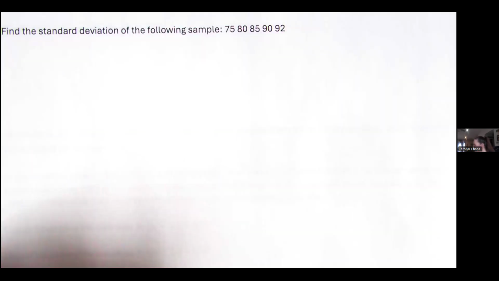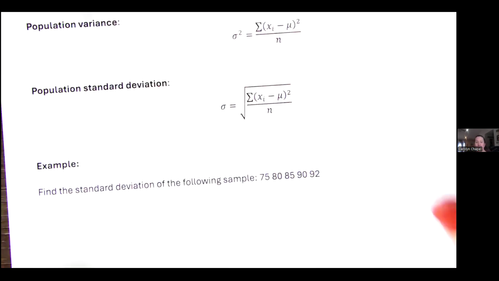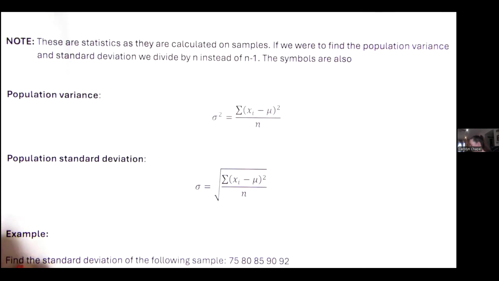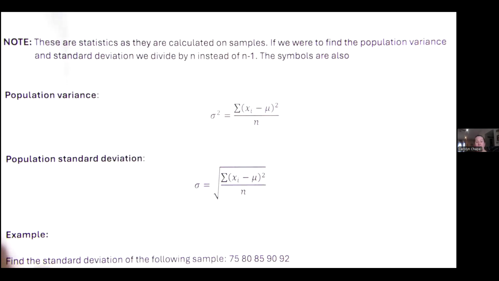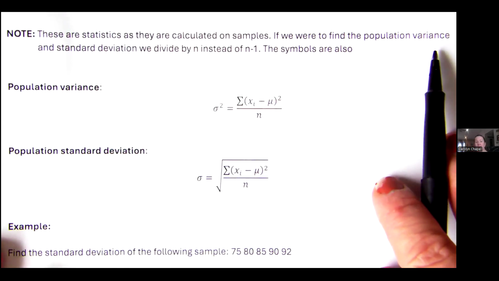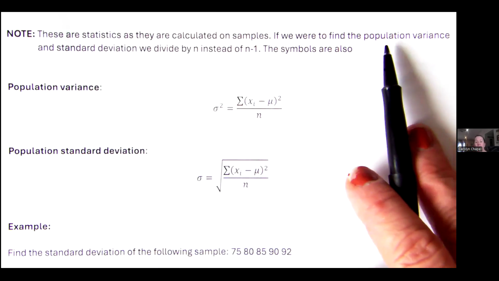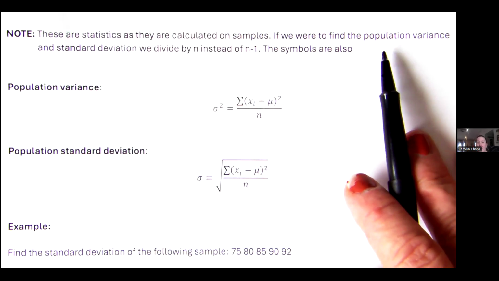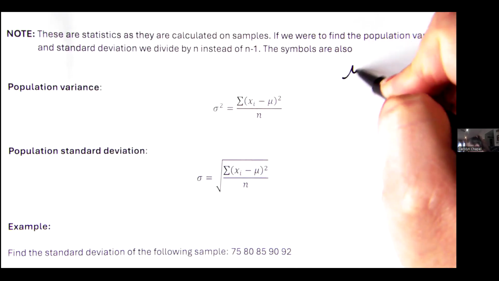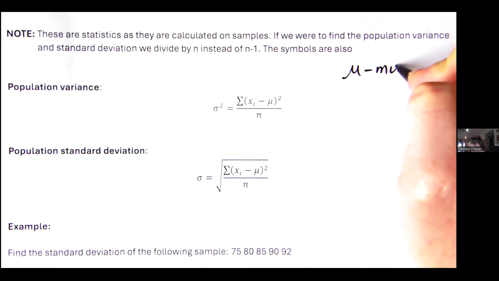So there are some statistics as well that we can also calculate on populations. Remember, this is going to be our population variance and our population standard deviation. When we do calculations on our population, we tend to use Greek letters. We use mu in the case of the mean.